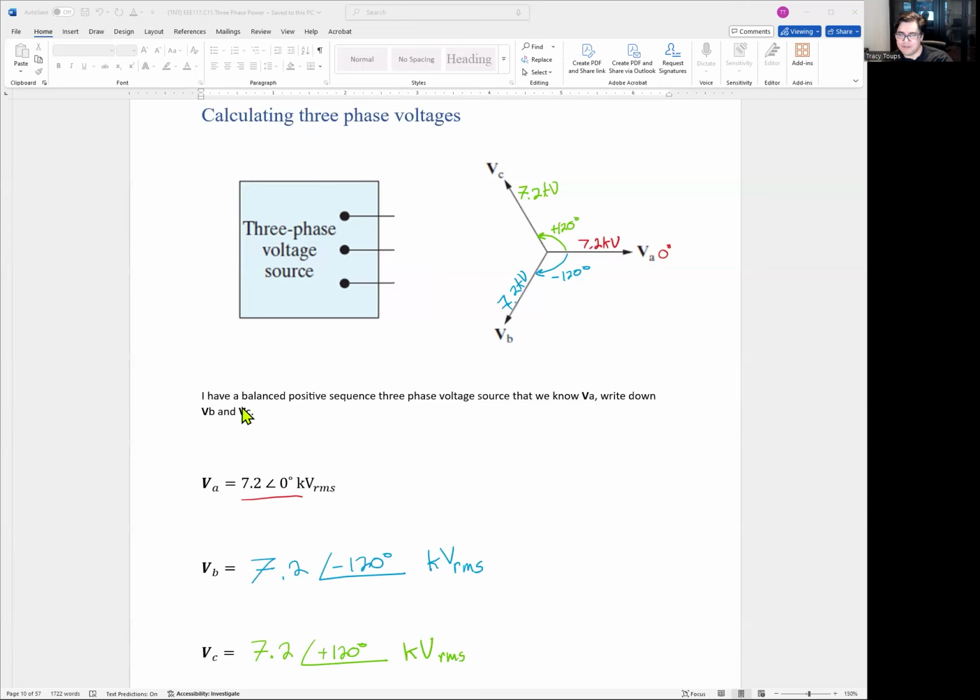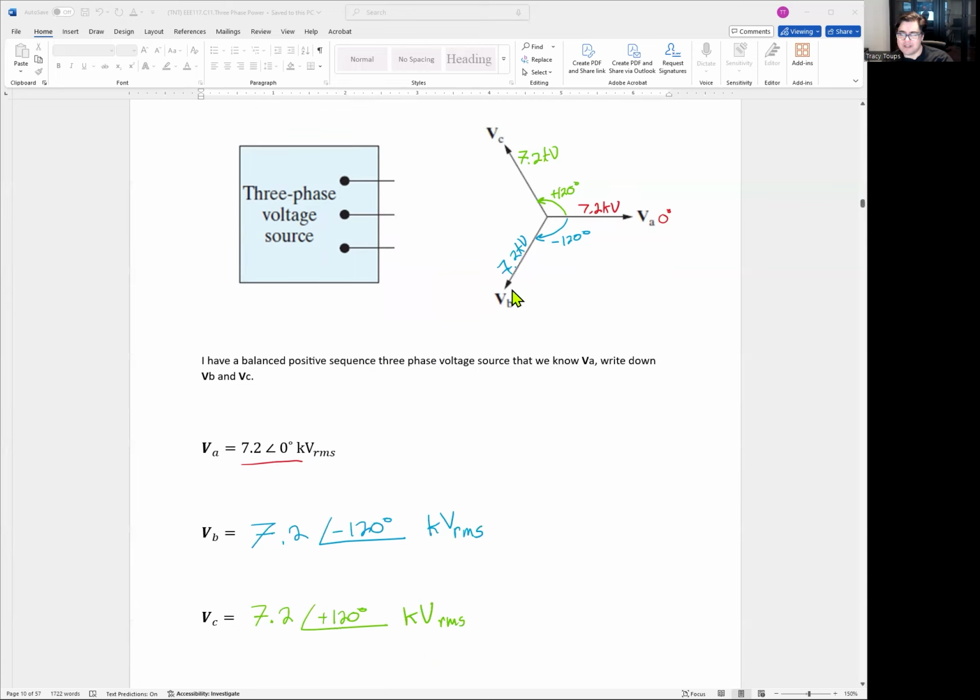By the rules, if it's a balanced positive sequence 3-phase system, VB is going to be the same magnitude, 7.2 kV, angle negative 120 degrees. VC is going to be the same, 7.2 kV, angle positive 120 degrees.